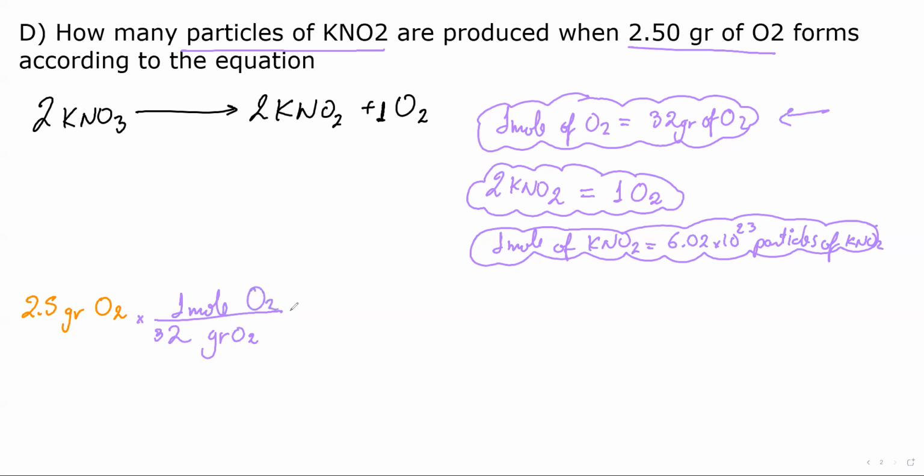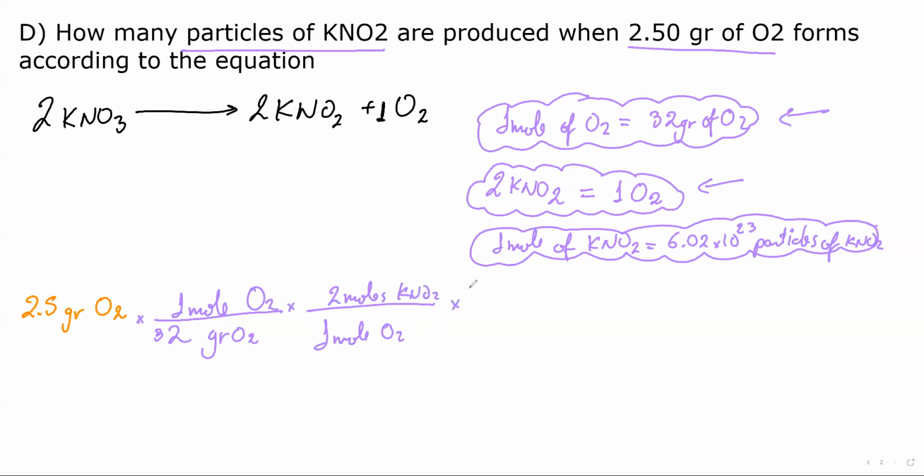All right. Now you have moles of O2, but you don't want moles of O2, so let's get rid of the moles of O2. What do you know about the moles of O2? Let's use this one, right? So 1 mole of O2 is equal to 2 moles of KNO2. All right, perfect.